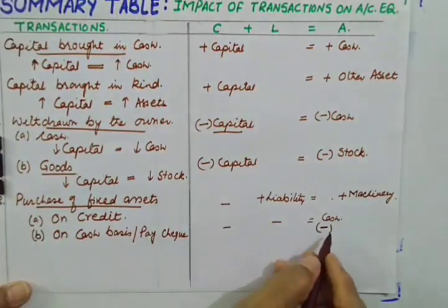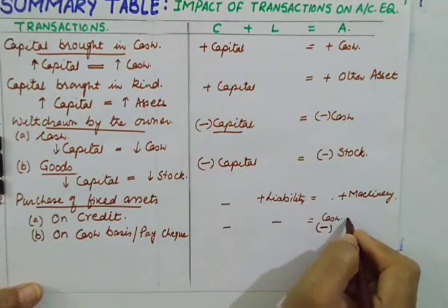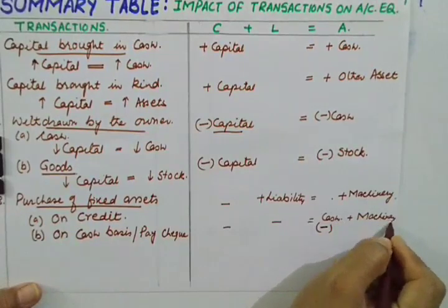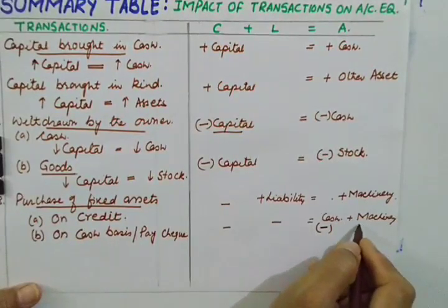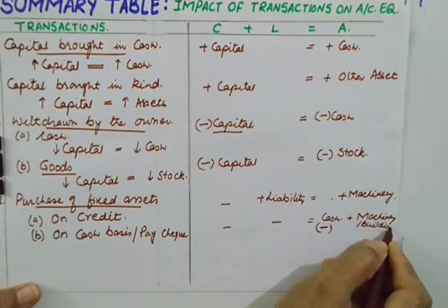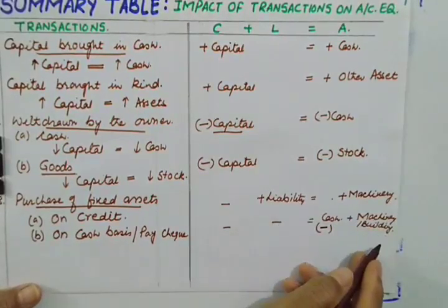It will be deducted from the cash because the cash balance will reduce, and moreover it will be added to the asset. The asset can be any, it can be machinery, it can be building, or whatever is given in the numerical.